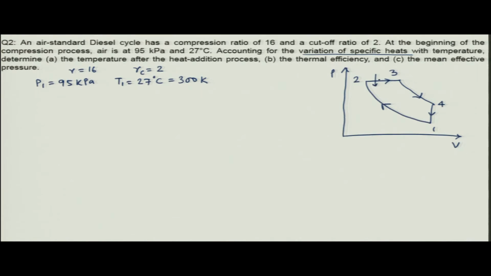Okay. So, this is the heat in, this is the Q out. We need to find the temperature after the heat addition process, basically T3. We have to find T3, the thermal efficiency of the cycle, and the mean effective pressure.